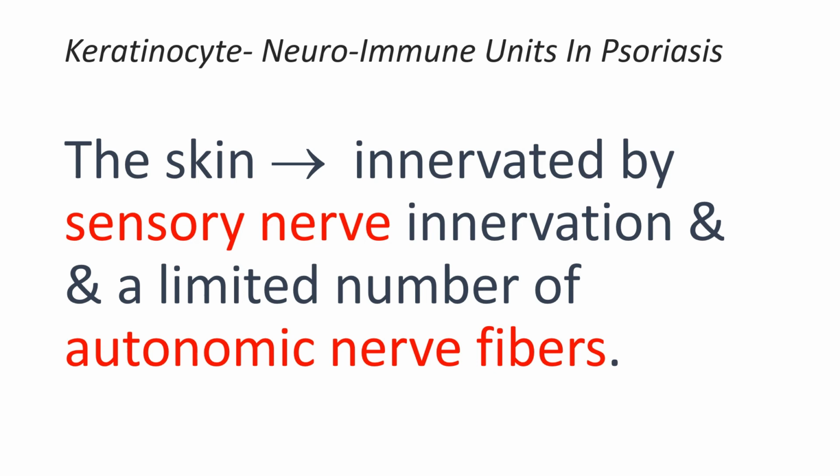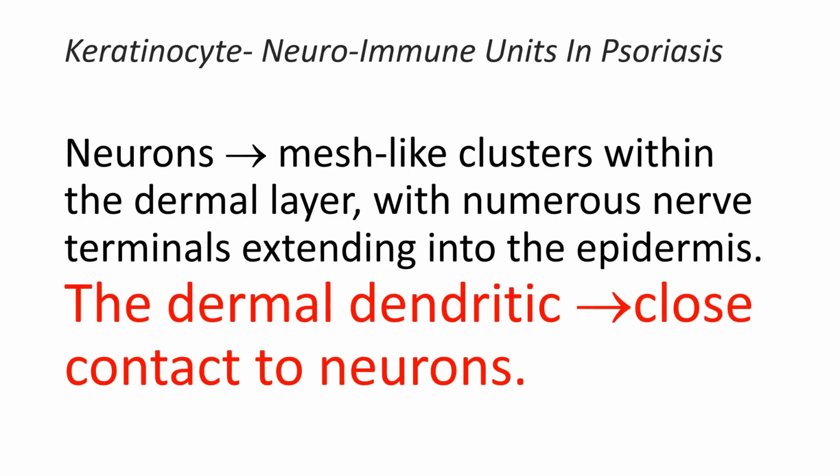The skin serves as both a site for sensory interactions and a protective barrier, and it's innervated by sensory nerves. In addition, it is also supplied by a limited number of autonomic nerve fibers. Neurons create mesh-like clusters within the dermal layer with numerous nerve terminals extending into the epidermis.